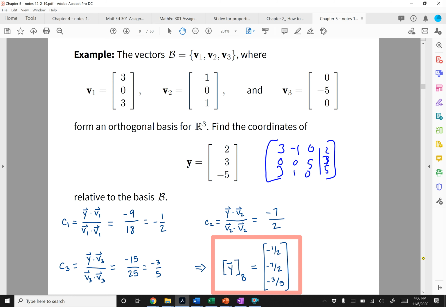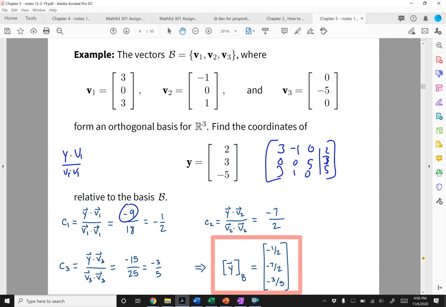Here, if I want to find the coordinate of v1, then you do the dot product, y dot v1. So that's going to be a 6, 0, and a minus 15, which is a minus 9 right there. And v1 dot v1, which is 18.